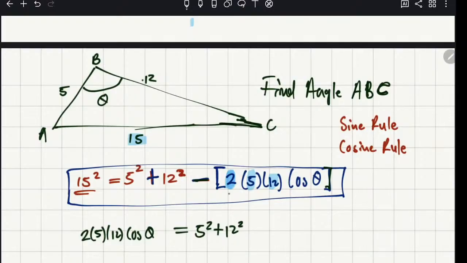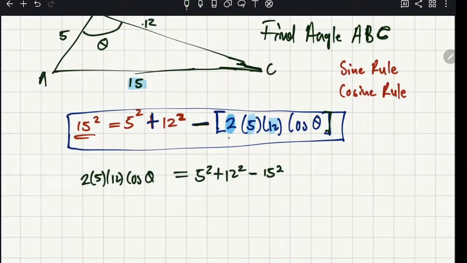It's 15 squared, it goes to subtract. So you take this bracket, it swaps with 15. It's now positive, 15 is now negative. So you have it like this. That's the first step.